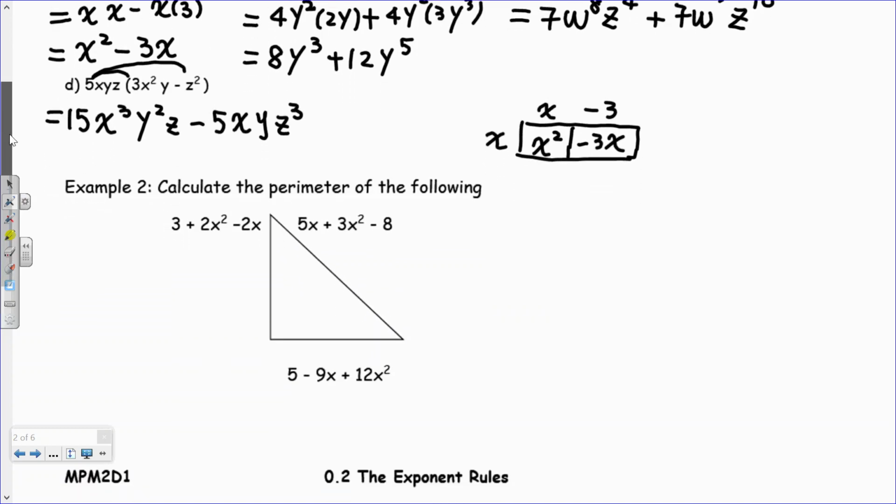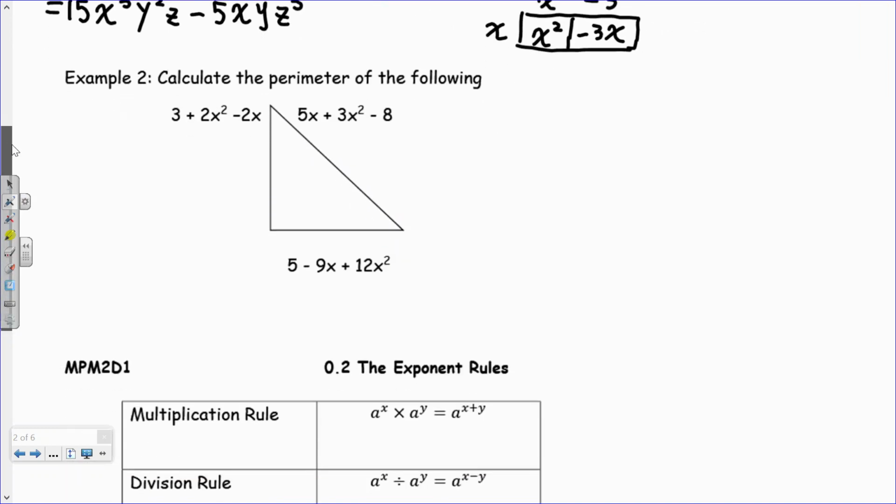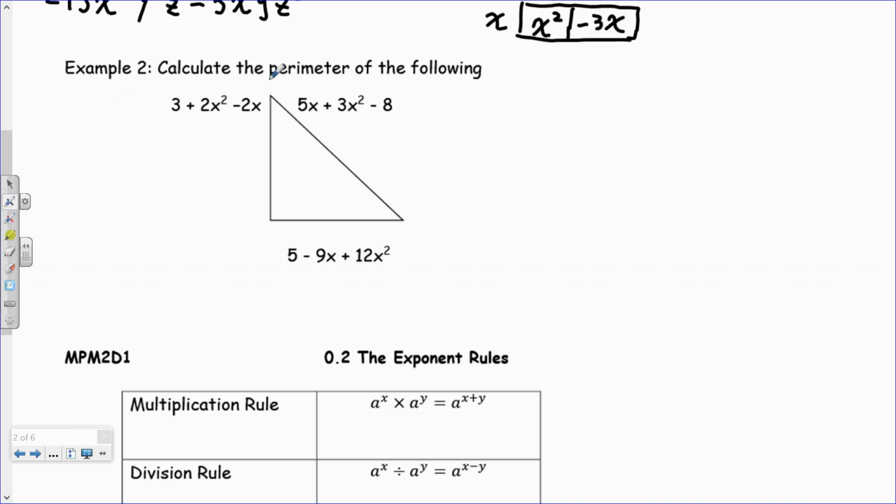Then example 2. It asks you to calculate the perimeter of the following. This triangle has 3 sides. For the perimeter, you add all the sides together to find the sum. It doesn't matter which one you start with first, because for adding, the order doesn't matter.